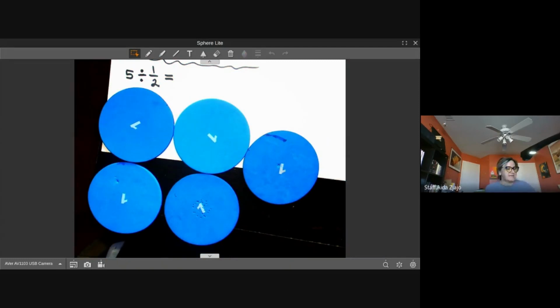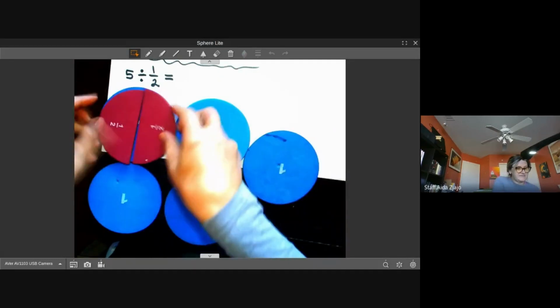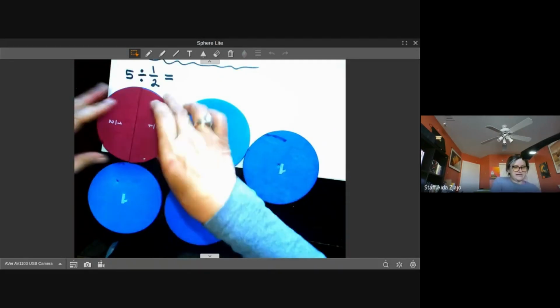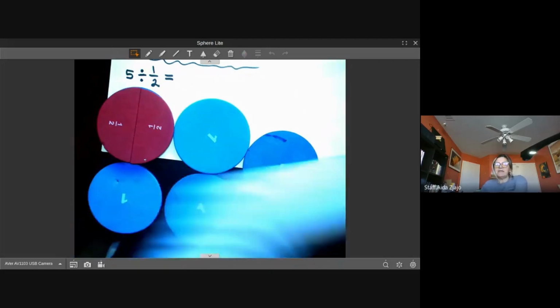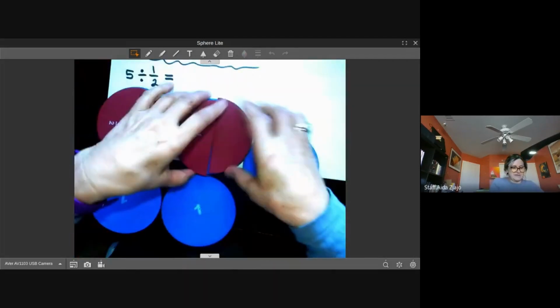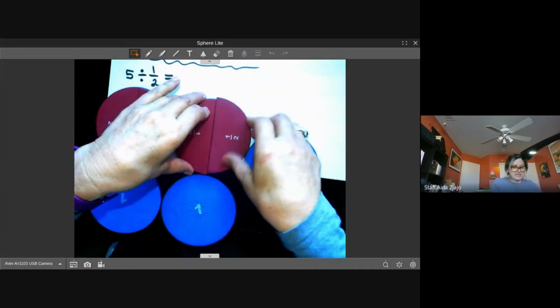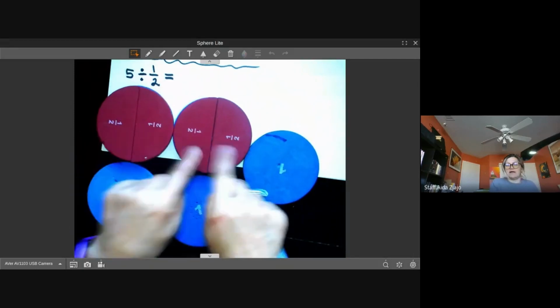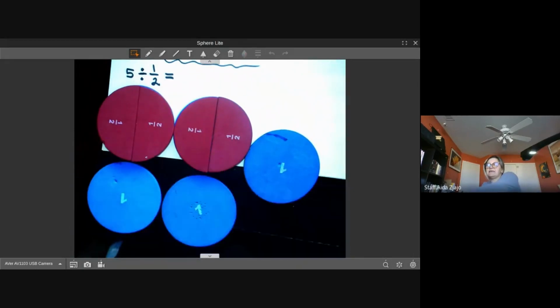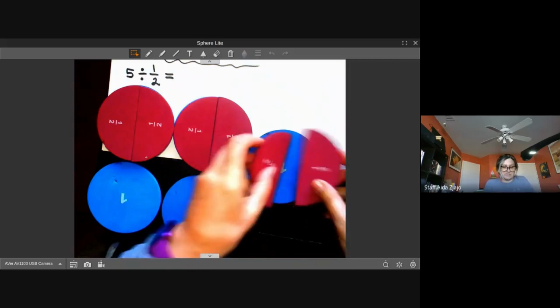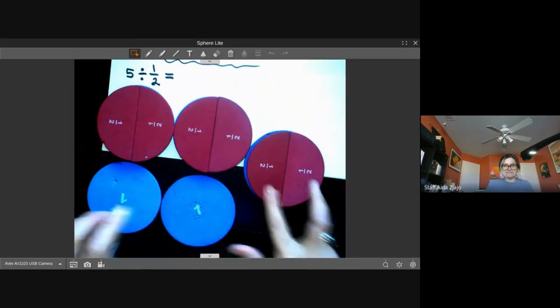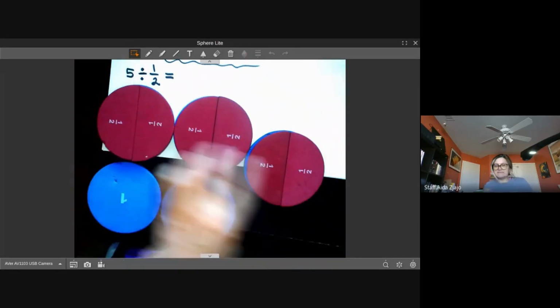So she has 5 whole chocolates. She's going to divide them into groups of halves. Each of them she's going to cut in half. If she cuts 2 in halves, she'll get 4 halves. If she cuts her third chocolate, she will have 6 halves now. 2, 4, 6 halves.